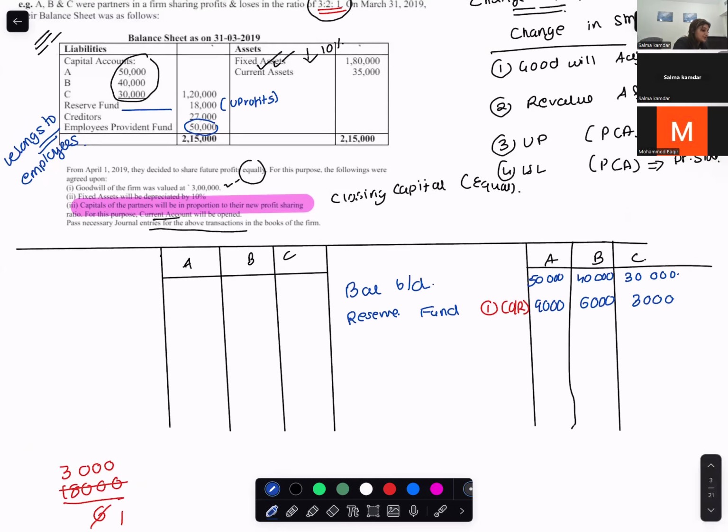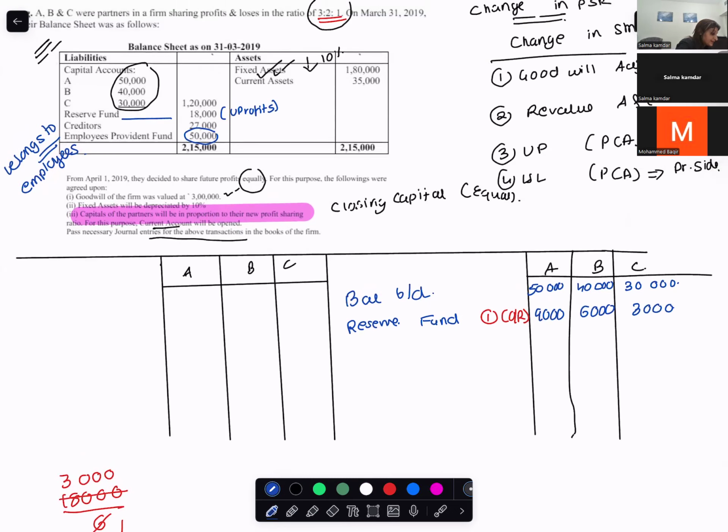Reserve fund is distributed. Then your fixed assets are going down. They will be depreciated by 10%. And it will be 18,000, right?